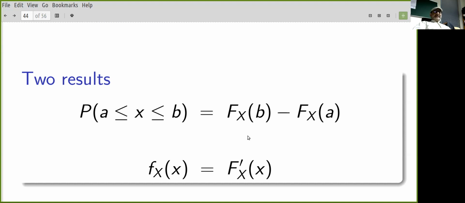But if you happen to have the CDF on hand also, then that is the CDF evaluated at b minus the CDF evaluated at a, and that will also give you the same result. The CDF was found by integrating from minus infinity to x. So if you want to find the PDF from the CDF, then the PDF at x is the derivative of the CDF at x.